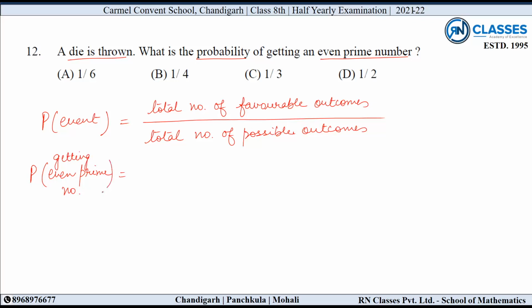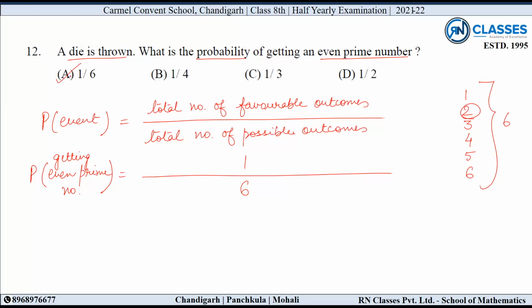Total number of possible outcomes: when you are throwing a die, 1 can come, 2, 3, 4, 5, 6 can come. So total number of possible outcomes is 6. Even and prime: there is only one even prime number, that is 2. So probability is 1 by 6.